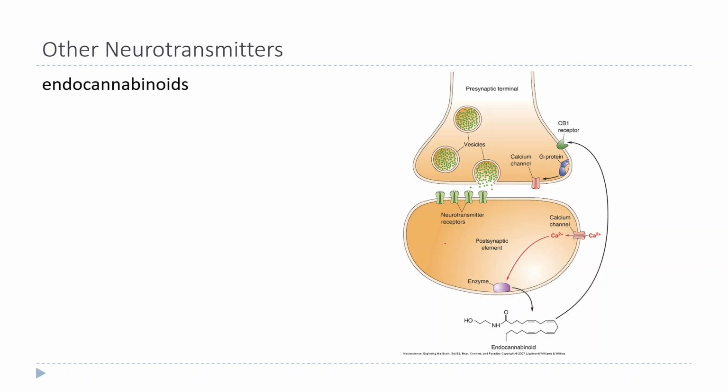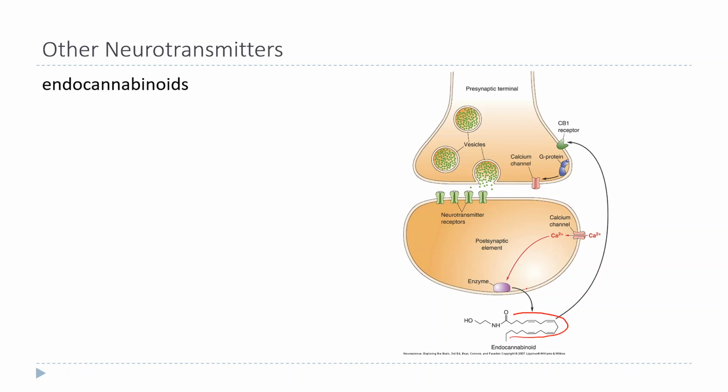So these are molecules that are produced by certain neurons, and they're these big, long hydrocarbon chains. In fact, they basically act kind of like lipids. They have a long non-polar region, which means they easily cross the membrane. And in fact, they don't get packaged into vesicles.